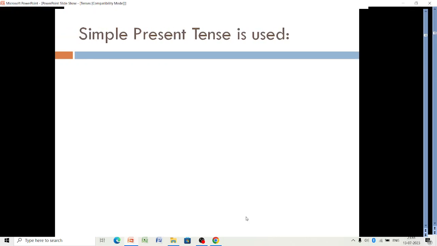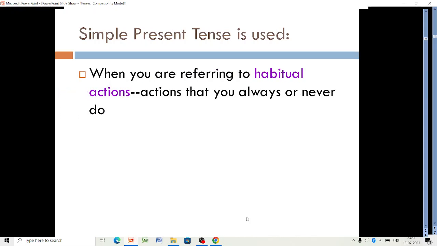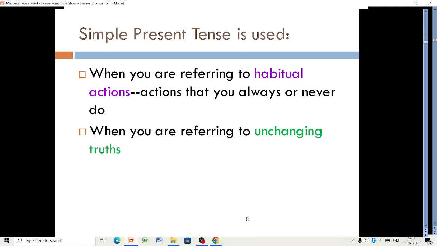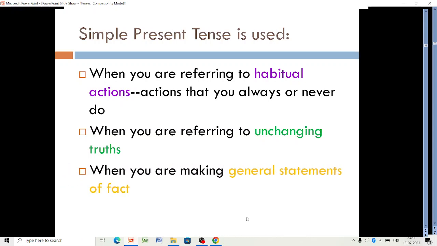Simple present tense is used when you are referring to habitual actions that you always or never do, when you are referring to unchanging truths, when you are making general statements of fact.